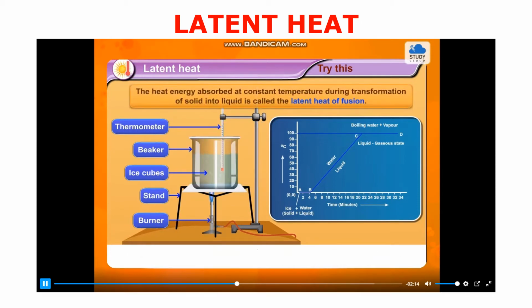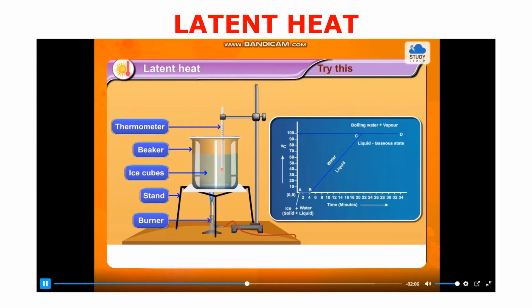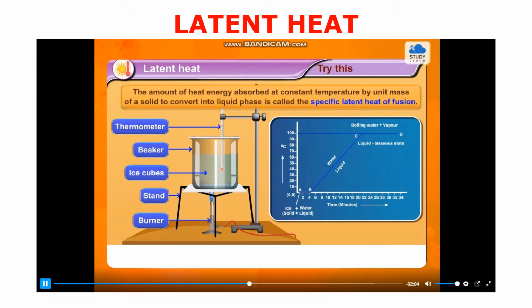The heat energy absorbed at constant temperature during transformation of solid into liquid is called the latent heat of fusion. The amount of heat energy absorbed at constant temperature by unit mass of a solid to convert into liquid phase is called the specific latent heat of fusion.